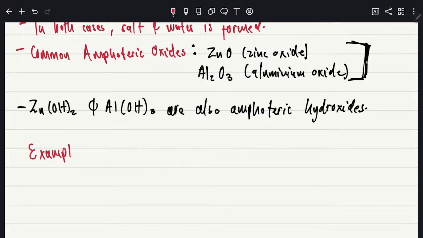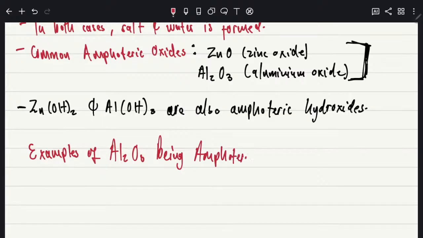An example of Al2O3 being amphoteric would be Al2O3 meeting hydrochloric acid. What happens?